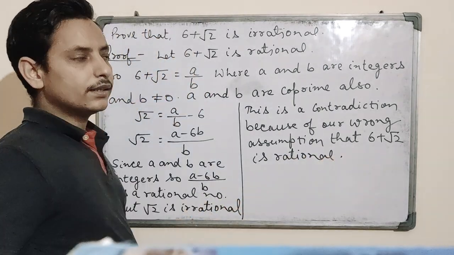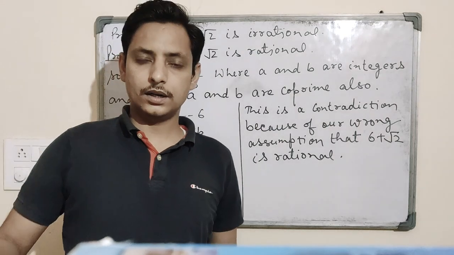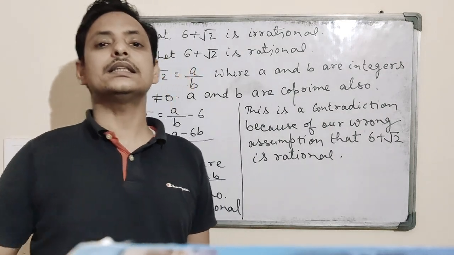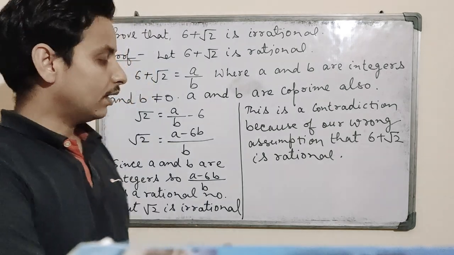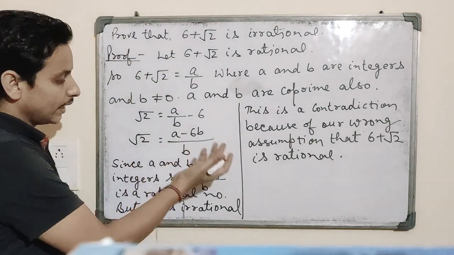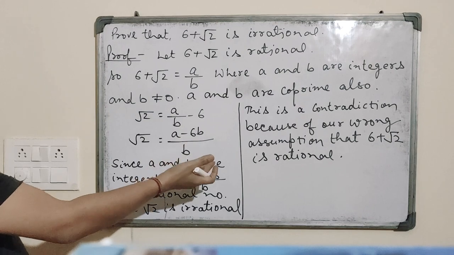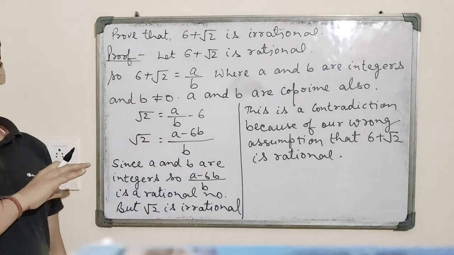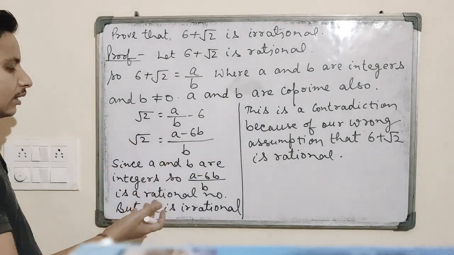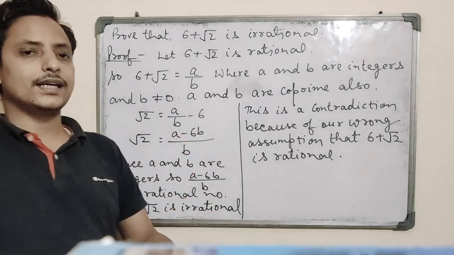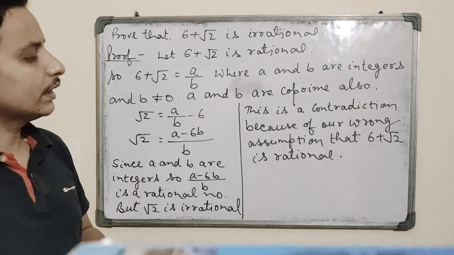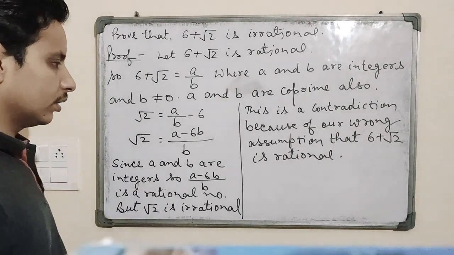Students, we have taken 6 plus under root 2 as a rational number, but this assumption is wrong, because we have a contradiction here. On the right hand side we have a rational number, on the left hand side we have an irrational number, and they both are equal, so this is a contradiction. Because of our wrong assumption, we had taken 6 plus under root 2 as rational, that was wrong.